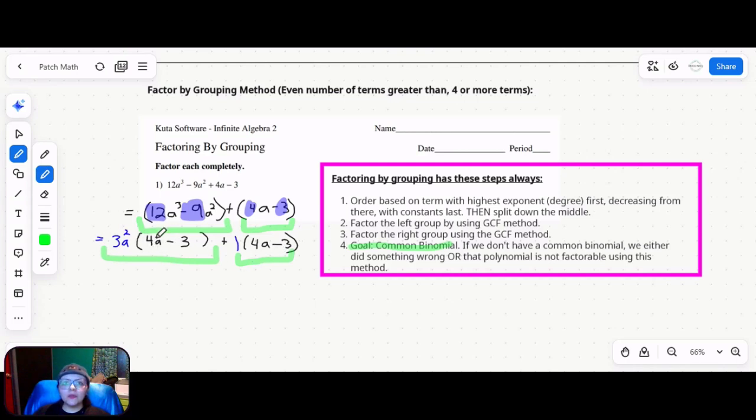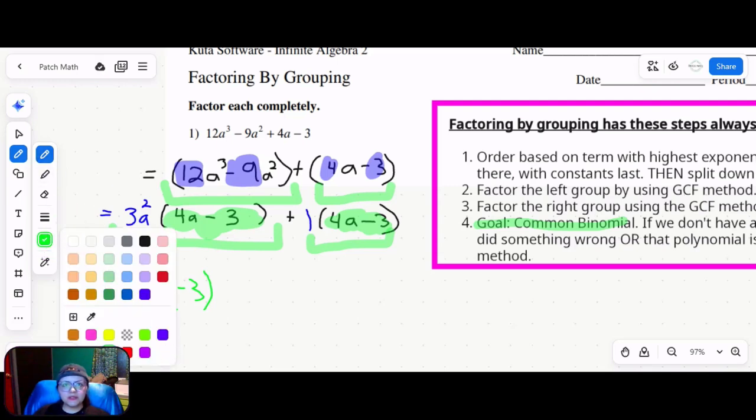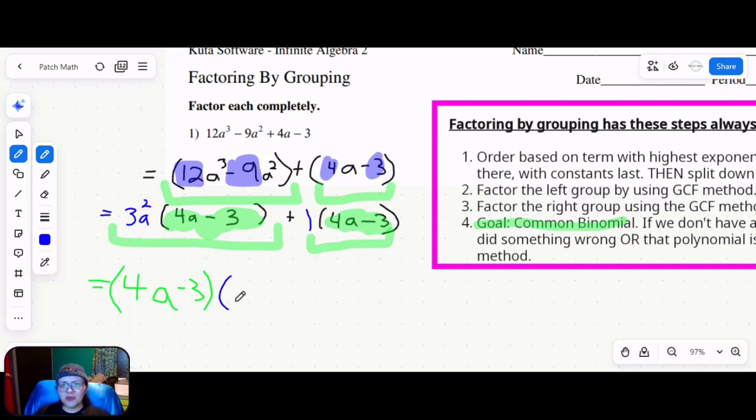The binomial that is shared by those two groups, that is multiplied in those two parts, is 4a minus 3. So we're going to take that 4a minus 3 and pull it out front. And that is a binomial. And both of those parts will be multiplied by what remains. If we divide 4a minus 3 out of both of those two parts, you will see that the 3a squared written in blue there remains.